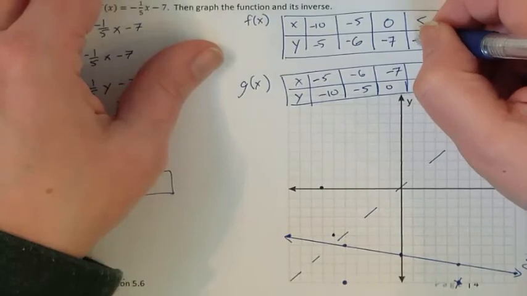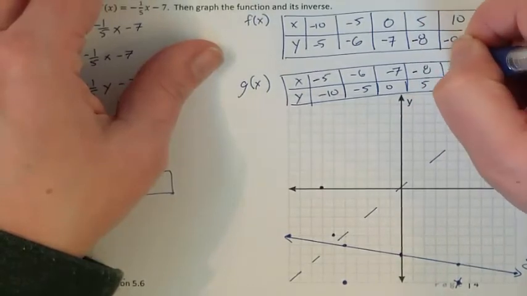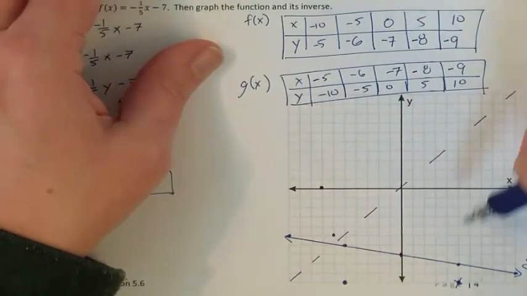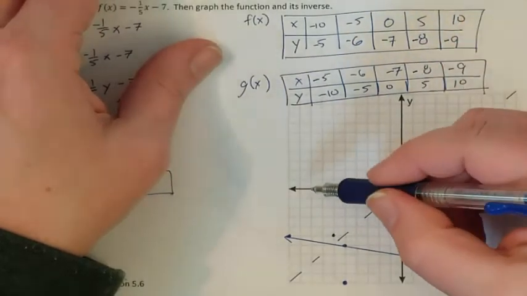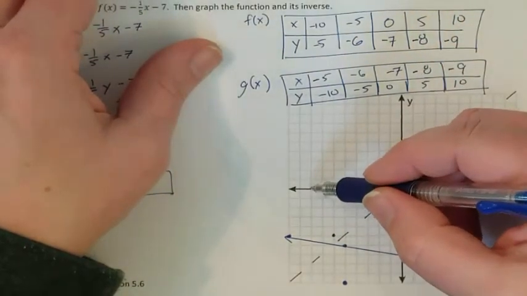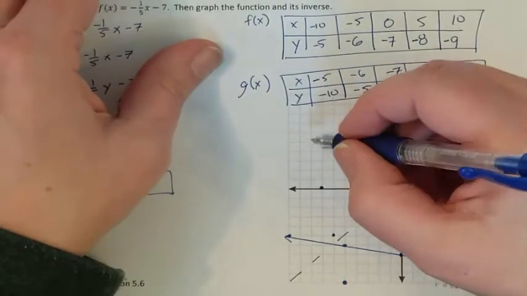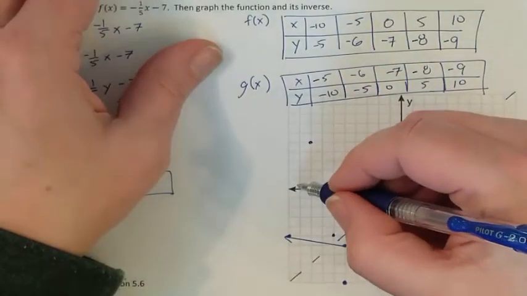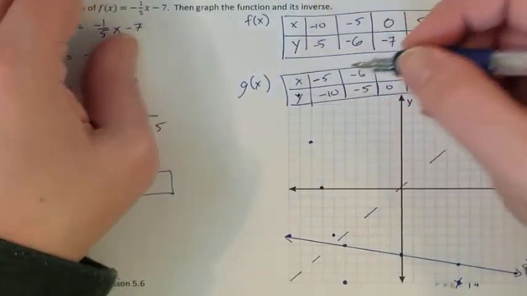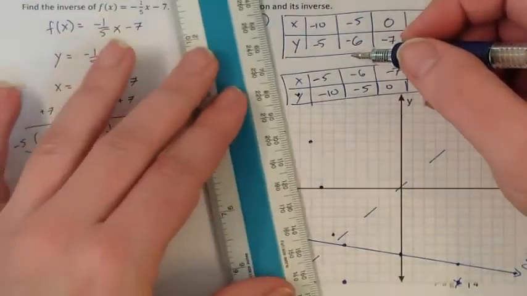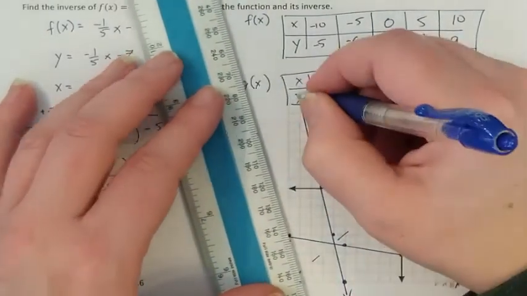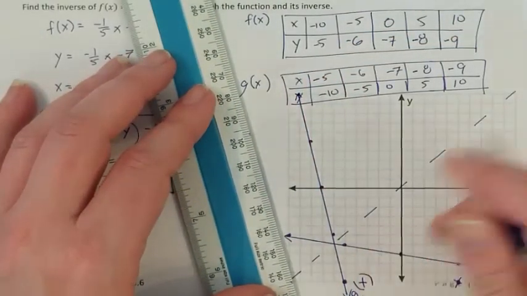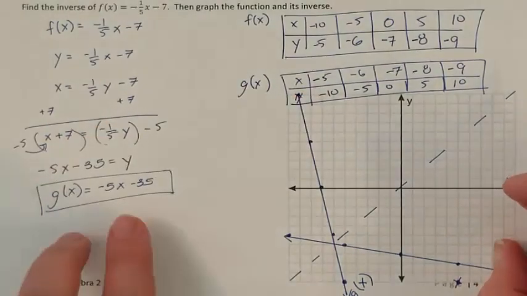Oh, that was a negative 8, and that was a negative 9. So these should be negatives. There we go, because I missed those points there. They were downs. Okay, so negative 8, and I'm supposed to go up 5. And here's my negative 9, and I'm supposed to go to 10, which is right here. So here is my g of x graphed using the table because I couldn't graph this.